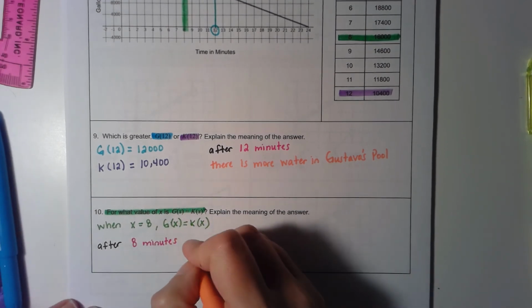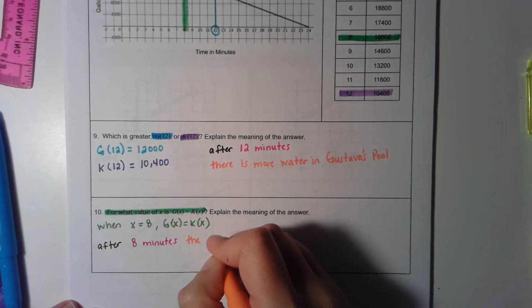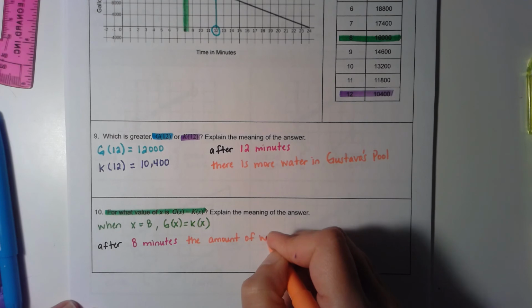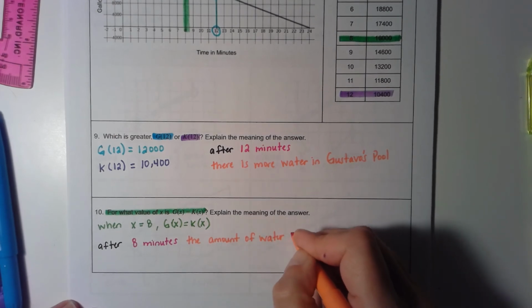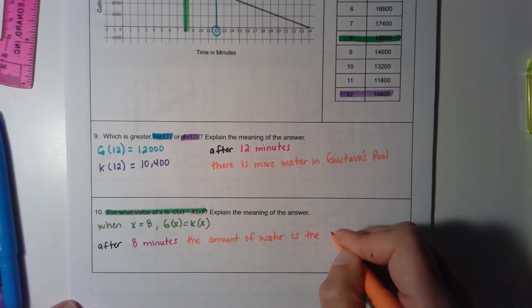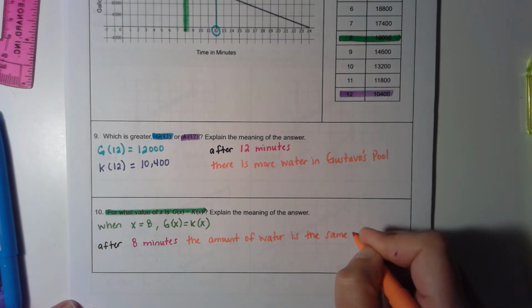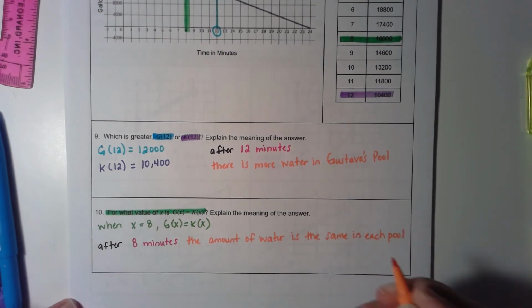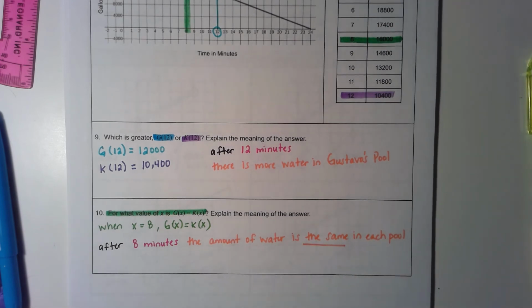The amount of water in the pools is the same, or you could say is equal in each pool because they have the same amount, 16,000.